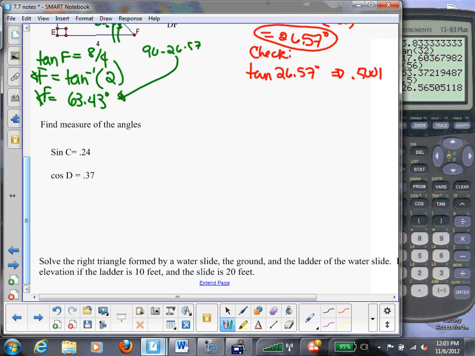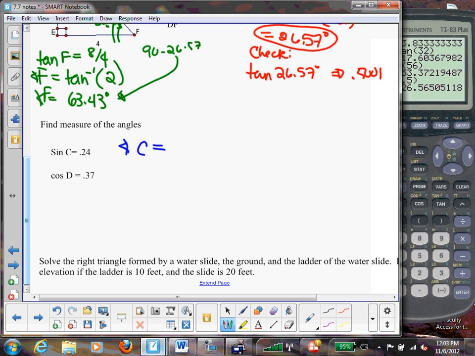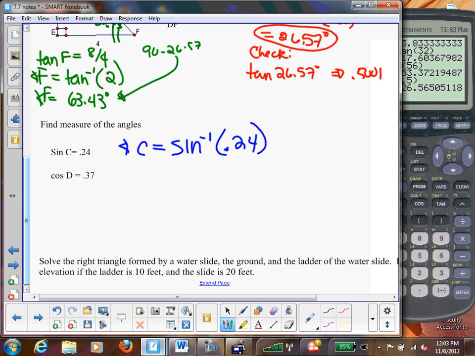So, if the sine of C is 0.24, then angle C is going to equal, what am I going to write? Sine inverse of 0.24. Right? So how do I plug it into your calculator? What do you get?